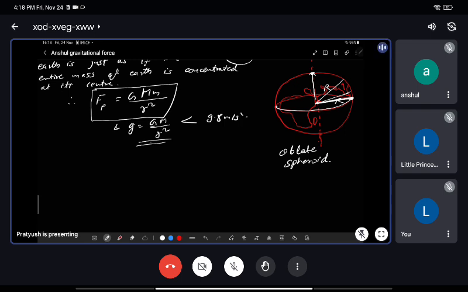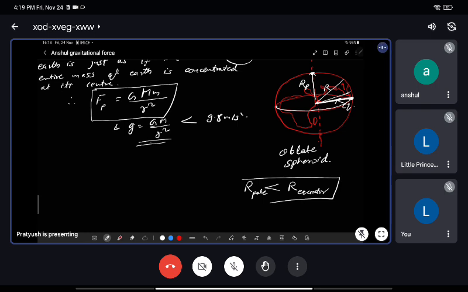Okay, like an orange. So this is the radius at the equator and this is the radius at the poles. So the radius of earth at the poles is less than the radius of earth at the equator. Always remember that.